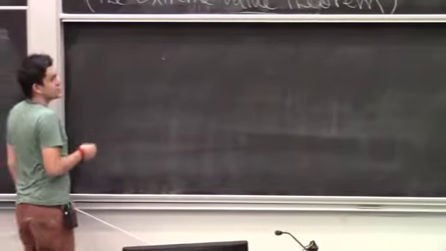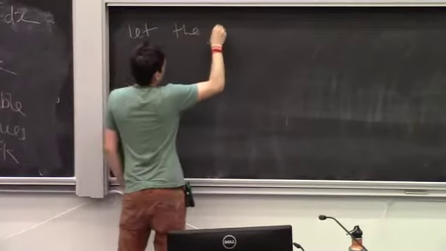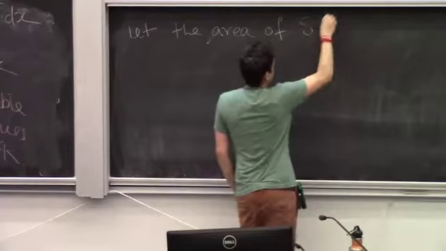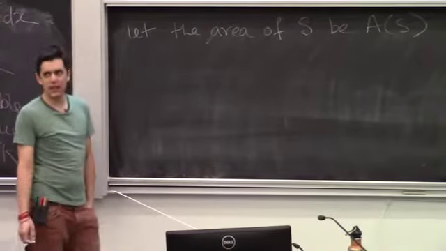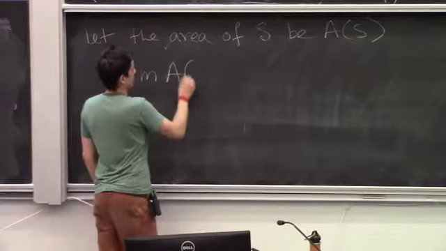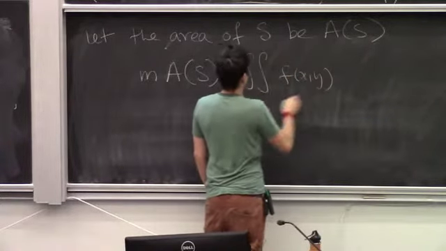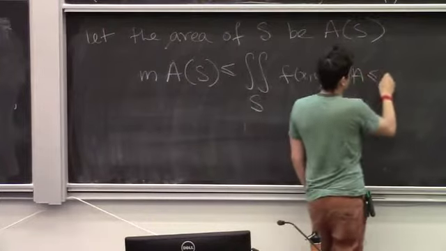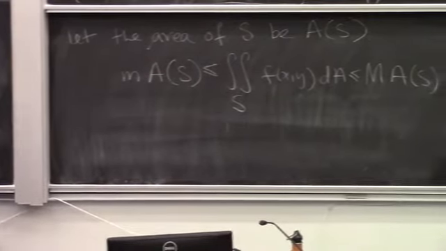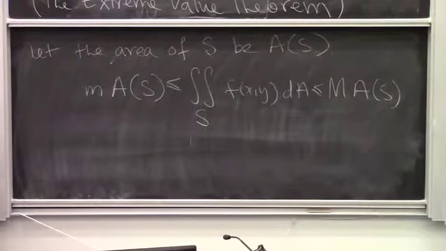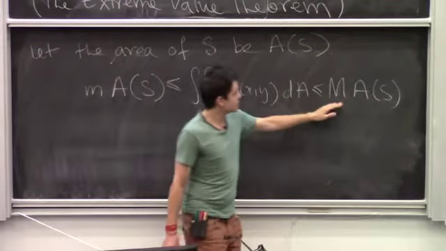So this gives us an inequality which says, okay, let the area of S be A of S, then we get the following statement about the value of the integral, that it's going to be somewhere between the minimum times the area and the maximum times the area.